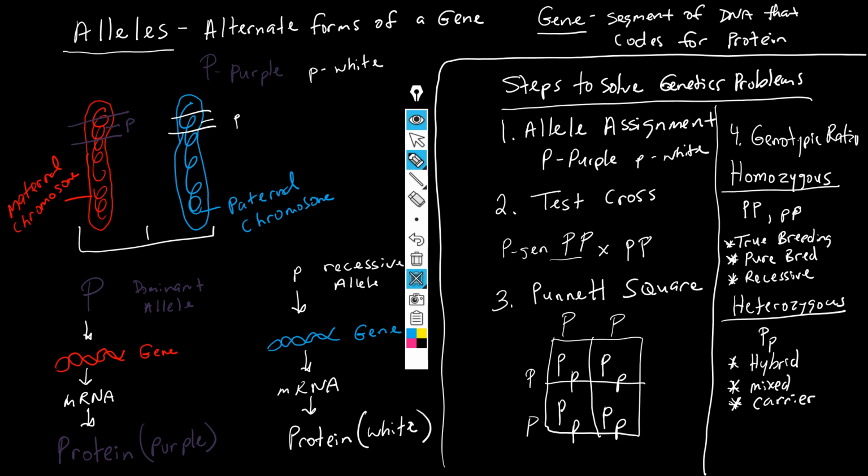So if we look at our genotype, which we get directly from our Punnett square for this example, they were all big P, little p. So we would either say all big P, little p, or we could say 100% big P, little p, depending on if the question was asking us for the ratio or the probability.